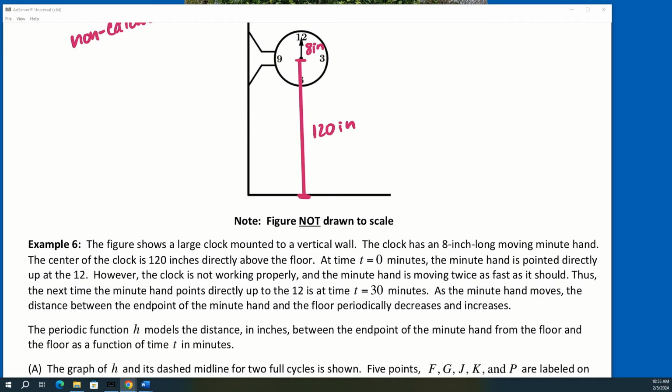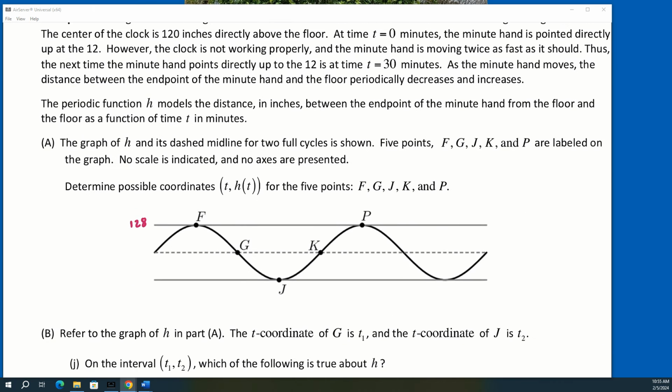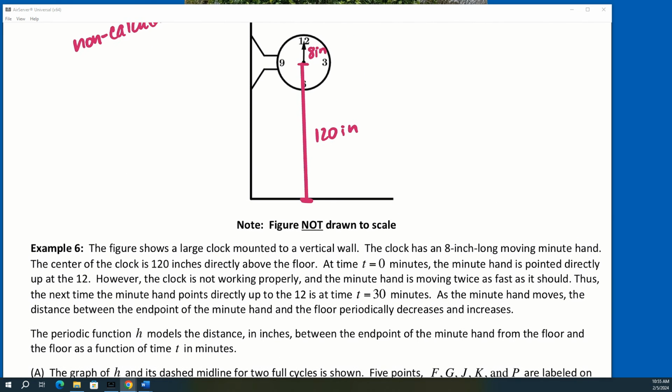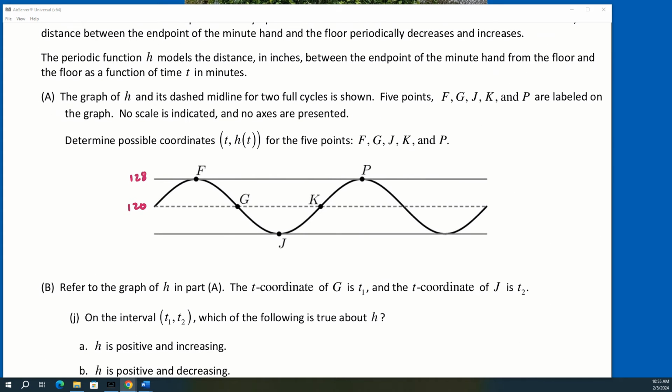What is that distance? 120. And then what about the 6? 112. How did you get that? You're subtracting the length of the minute hand from the middle of the clock, which is going to be 112. Very good. Okay, so that's half the battle.